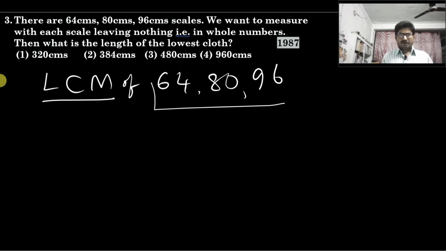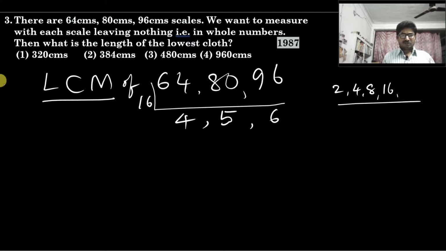These are divisible by 2, 4, 8, 16. We can take any of these numbers to divide these. So I will take the 16 table. 16 fours are 64, 16 fives are 80, 16 sixes are 96.